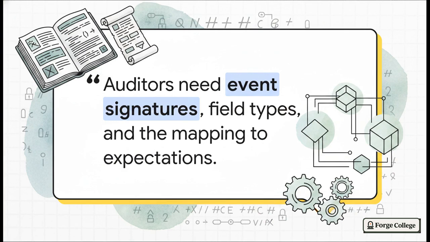As the golden rule of auditing dictates, they need the event signatures, the field types, and the precise mapping to behavioral expectations. Your real deliverable is that beautiful markdown file that flawlessly maps your complex integration tests straight back to human-readable behaviors. When an auditor sees those expected signatures and then watches your test reproduce them perfectly while under fire, well, my friends, you've essentially won the battle.